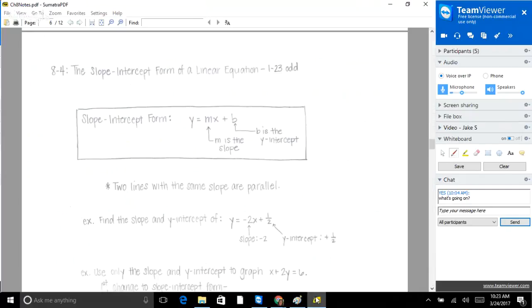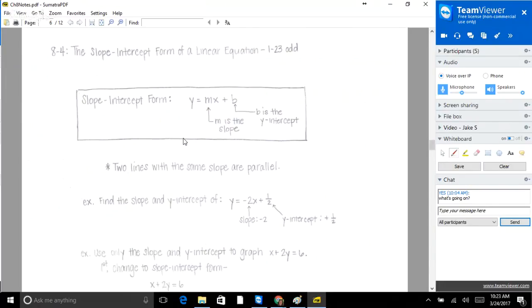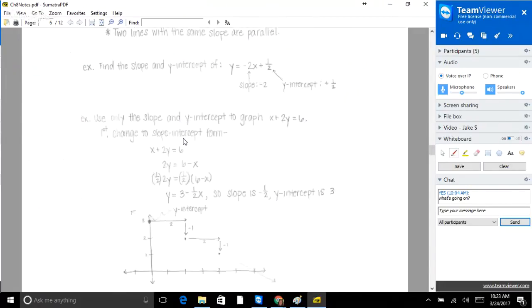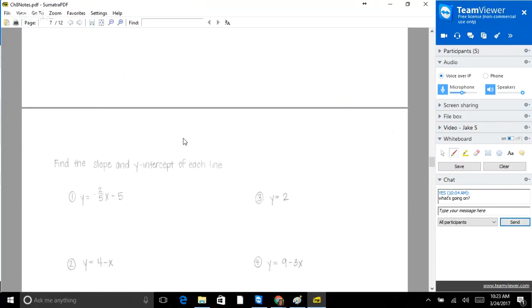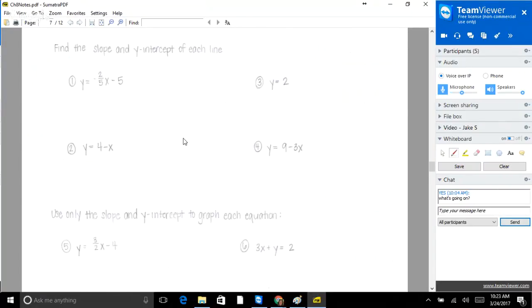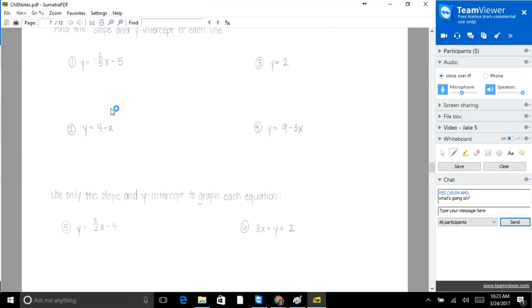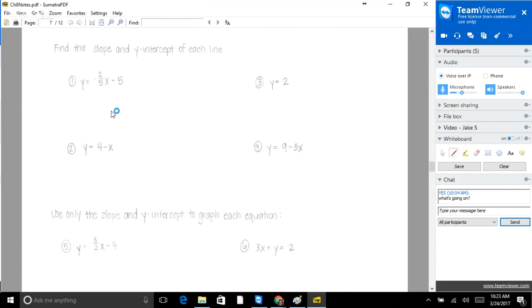Okay, so let's switch back to the notes. You've got the slope-intercept form right there. Okay, so let's do some examples, okay? I think we did these in class, but that's okay.